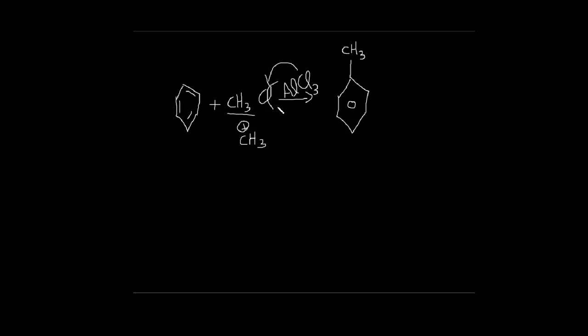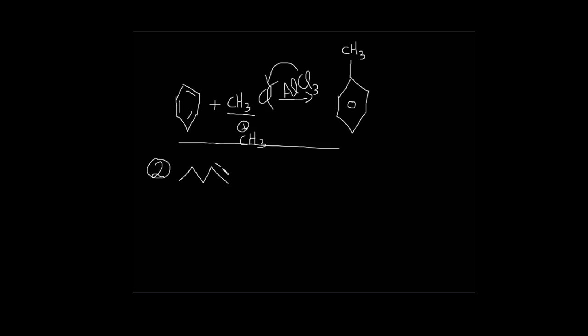So the main thing that you need to know is that whenever you can make a carbocation, which is a good electrophile, the benzene can attack it, and then it can attach itself to the benzene. So another way we can make a carbocation like we did here is the reaction number 2, in which we use an alkene.